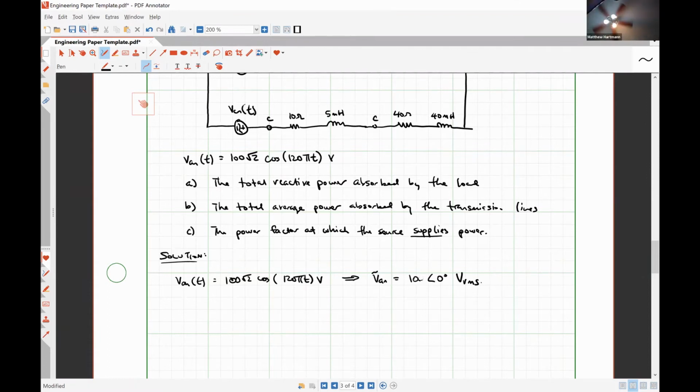The impedance of our transmission line, which I'm just going to call Z_W, is going to be 10 ohms plus j omega, which is 120 pi radians per second, times L, which is 5 millihenries, giving 10 plus j1.88.